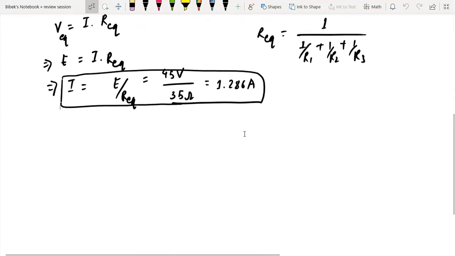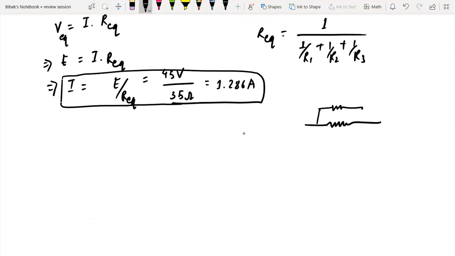So that means, if I only look at this small segment, that is 20 ohms, 10, and this is 20 again.